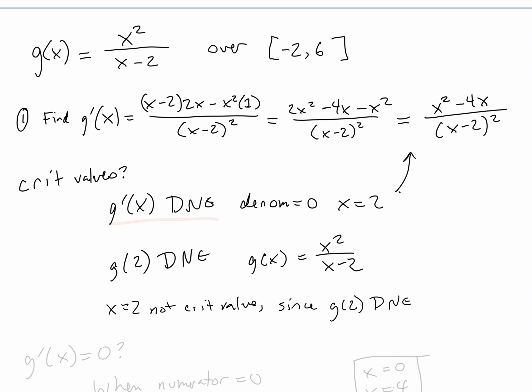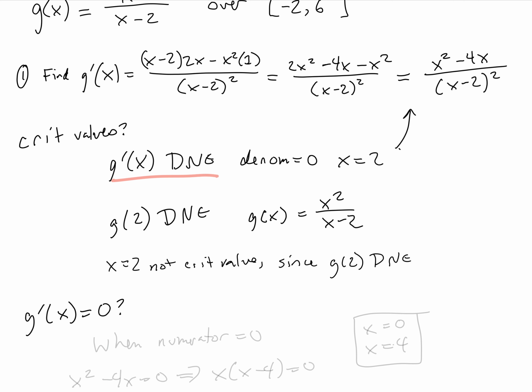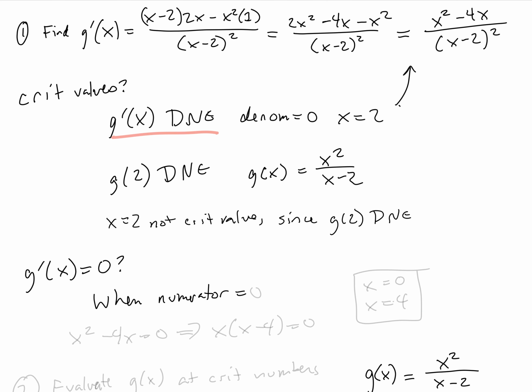Okay, so there are no situations where g prime of x does not exist for this example. What about situations where g prime of x equals 0? Well, this is a fraction, so the fraction will only equal 0 if the numerator equals 0. So this would be when the numerator, or the top, is equal to 0.